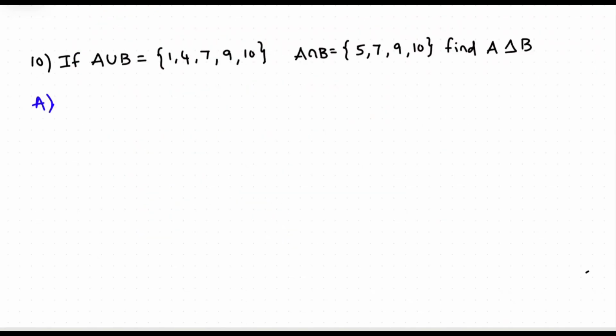So we are having A union B and A intersection B, and we have to find A delta B. So what is the A delta B formula?